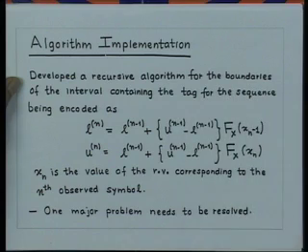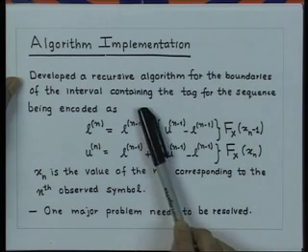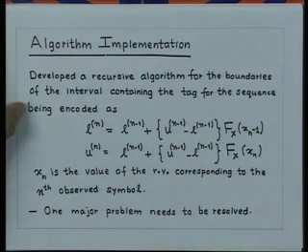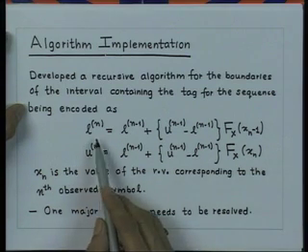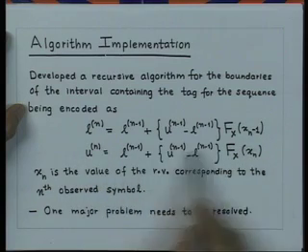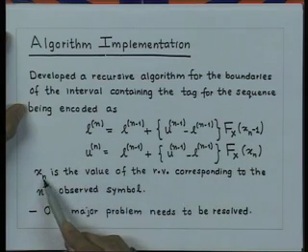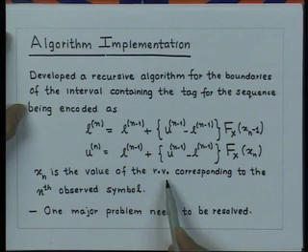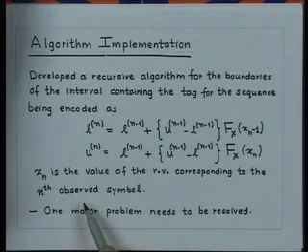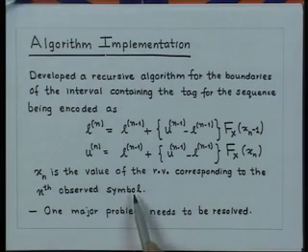So, let us look at the algorithm implementation for the arithmetic code. We have developed a recursive algorithm for the boundaries of the interval containing the tag for the sequence to be encoded, as given by these expressions shown here, where x n is the value of the random variable corresponding to the nth observation symbol.